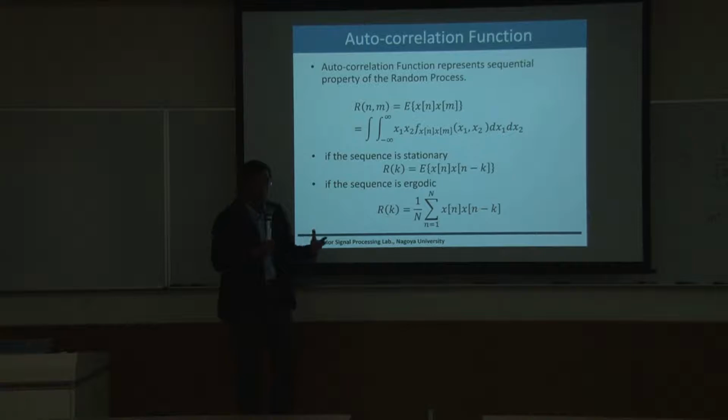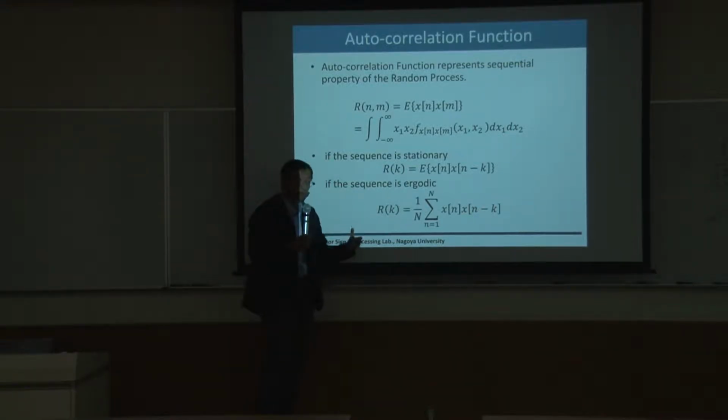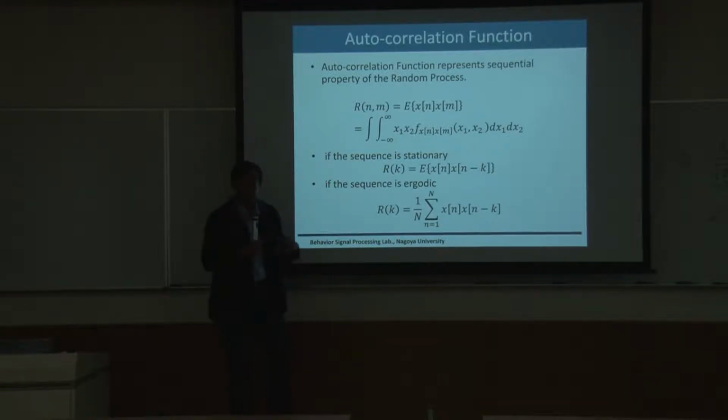Stationarity is quite a useful characteristic of a signal, but it is not always the case. Like speech, we say a, u, e, o. In the period of a and in the period of e, the signals are completely different, so you cannot assume that it is stationary.